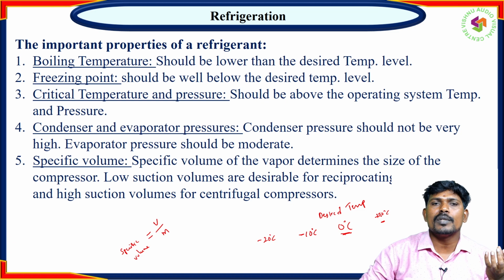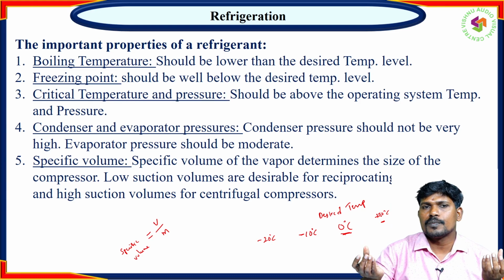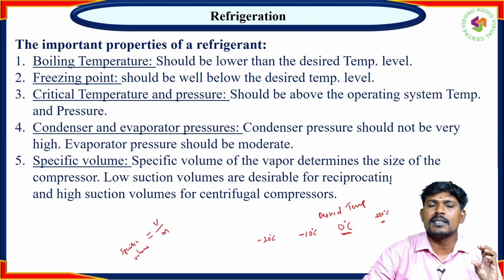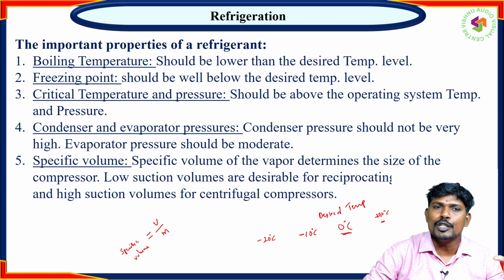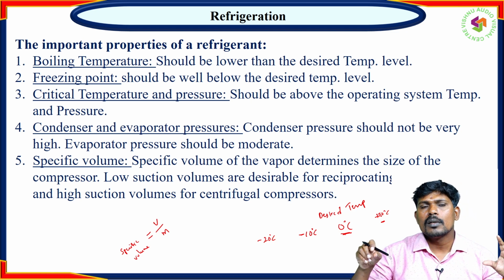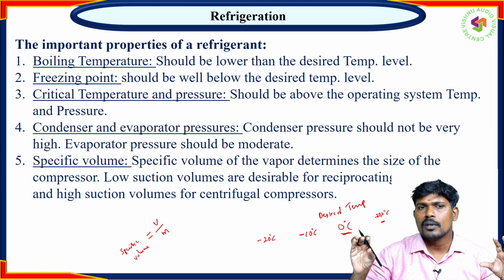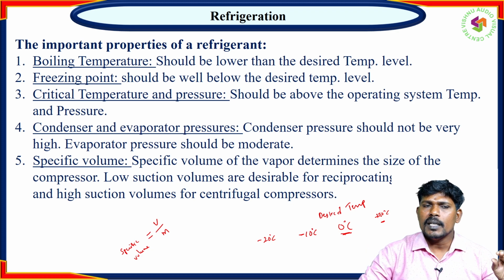For example, you take the same weight of sponge and same weight of stone. So the sponge occupies per unit weight a huge amount of volume, but the stone, the same amount of weight, it occupies less amount of space, volume.